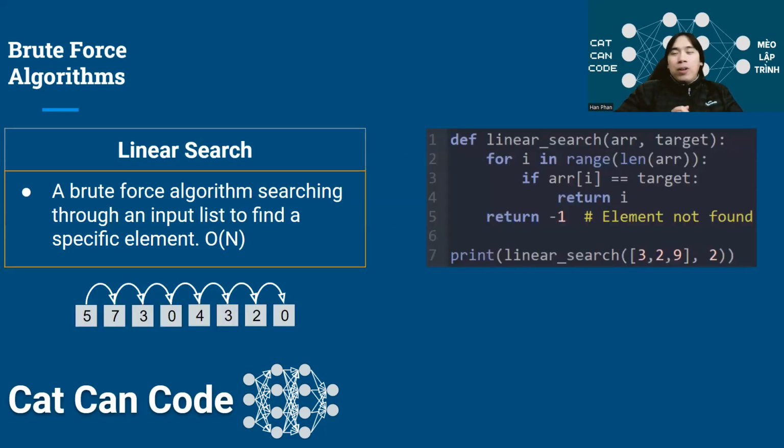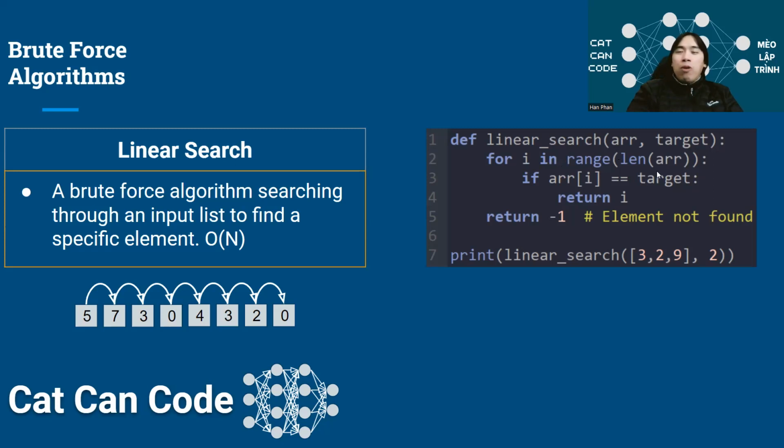The first example using a brute force strategy is linear search. This linear search algorithm simply searches through an input list to find a specific element. I have written a Python example here where I take in the input array and the target that I want to find inside this array.